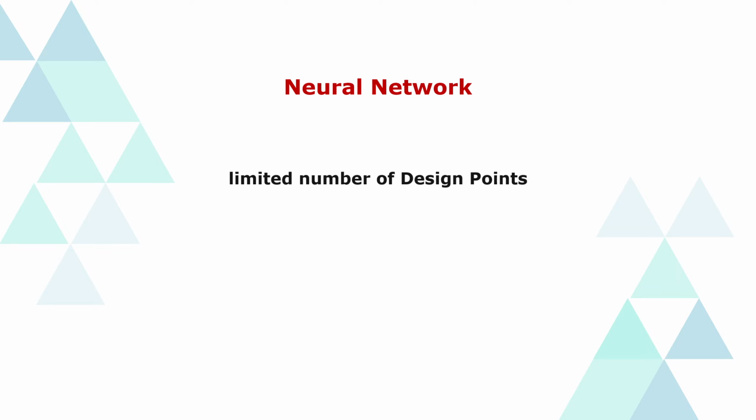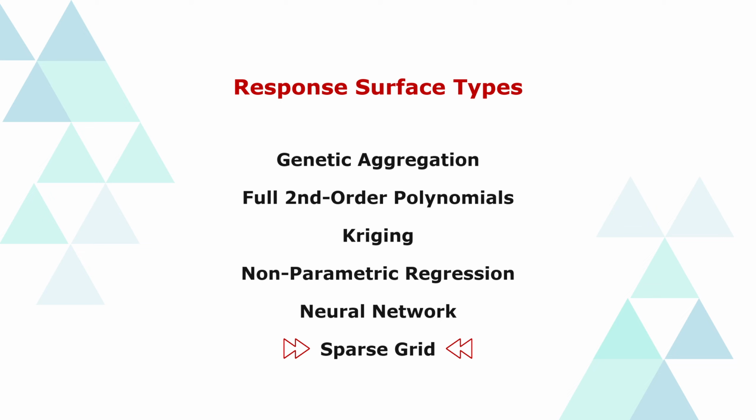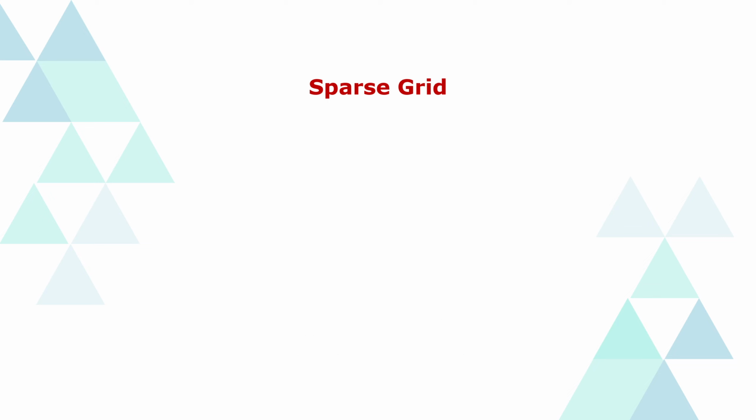Finally, we describe sparse grid. The sparse grid uses an adaptive response surface, meaning the response surface refines itself automatically over time. In other words, the sparse grid method automatically identifies which areas of the response surface need further refinement.